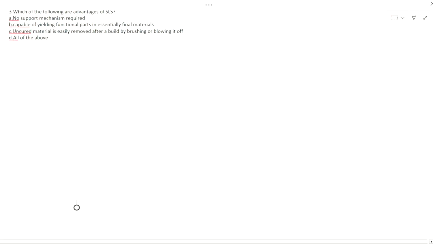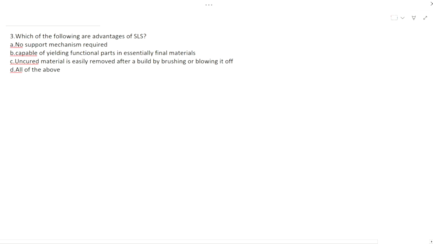Now, which of the following are advantages of SLS? In SLS, no support mechanism is required, it is capable of building functional parts in essentially fine materials, and uncured material is easily removed after a build by brushing or blowing it off. So all of the options are correct. Now, a disadvantage of the indirect route of SLS is lower density.